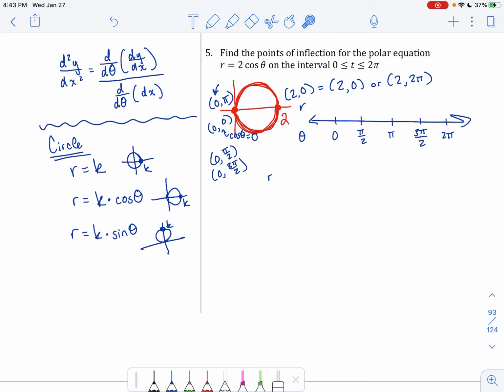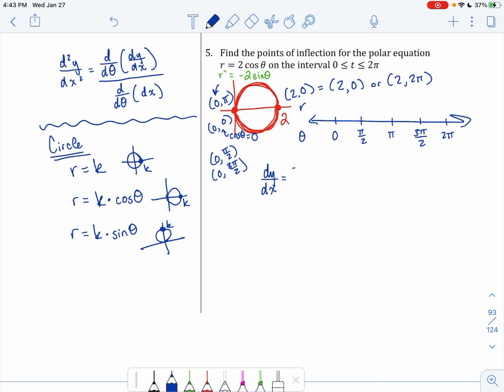So the first thing I'm going to do is find dy dx, and r prime is equal to -2 sine of theta.